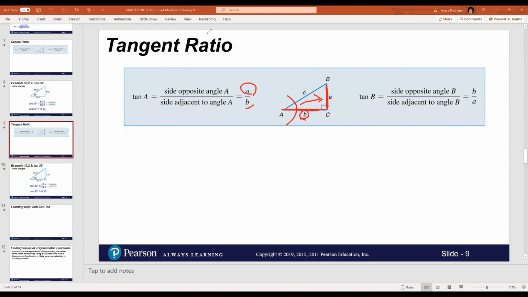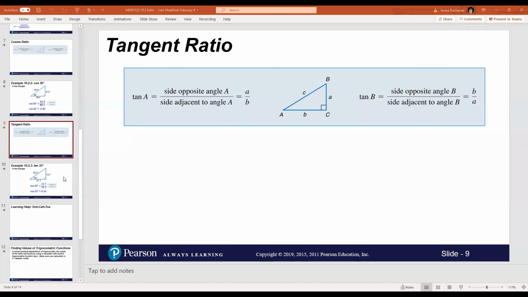Opposite over adjacent, in that example, A over B, or the tangent of B over here, again, is opposite. So it'd be this B length over adjacent, A, B over A. And that's basically it. Those are the three relationships.